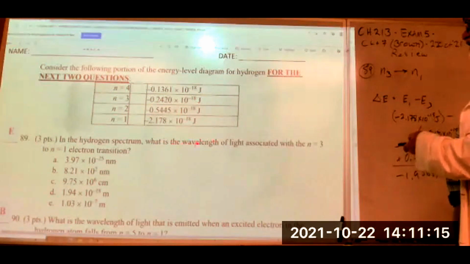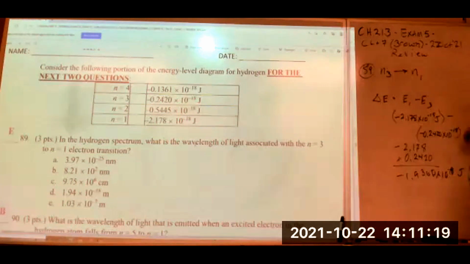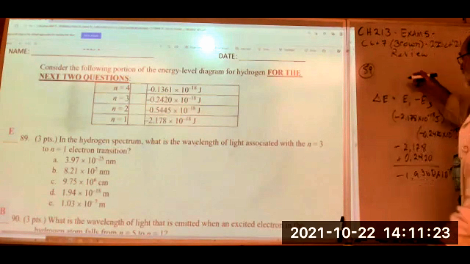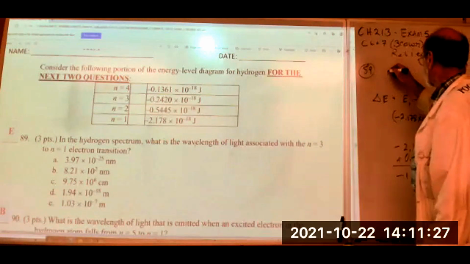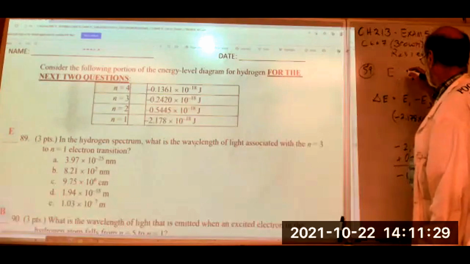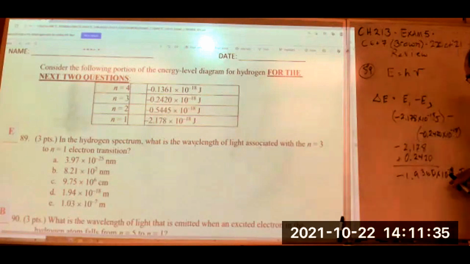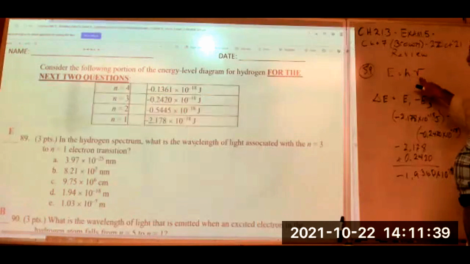So I take this value of joules, and we want the wavelength of light. Okay. So we take this value of joules and use this equation, Planck's equation, E equals h nu, like that. So this energy value goes here, Planck's constant goes there, gives us a frequency.